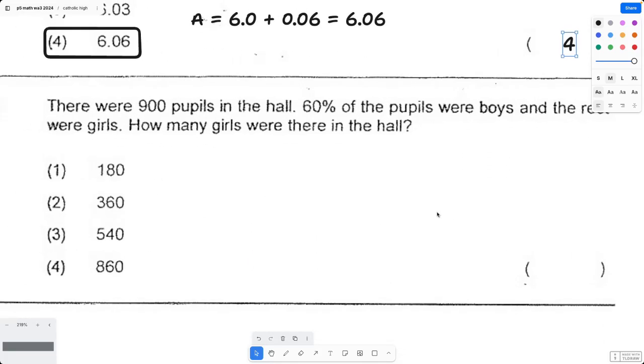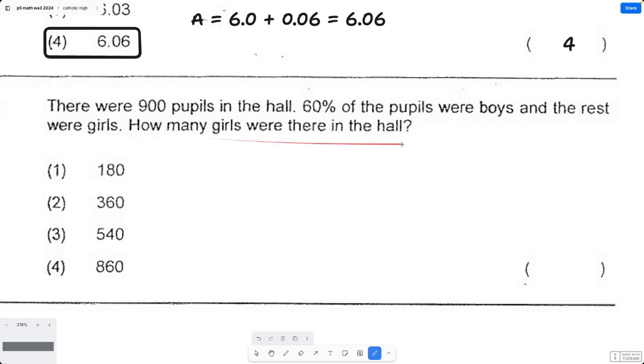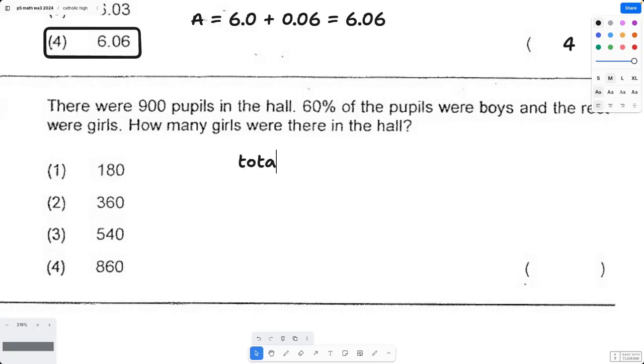Question 2 says there were 900 pupils in the hall. 60% of the pupils were boys and the rest were girls. How many girls were there in the hall? We just want to summarize as much as possible. So the total is 900 pupils.